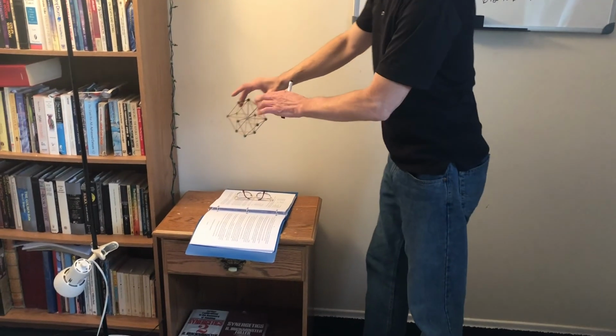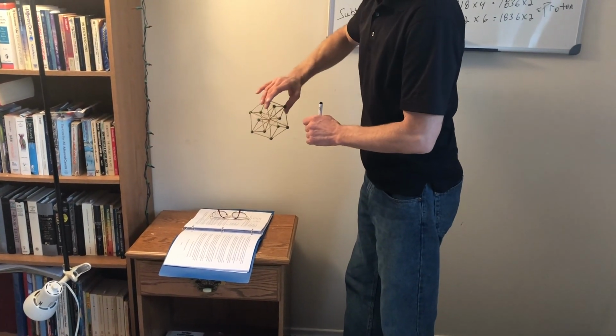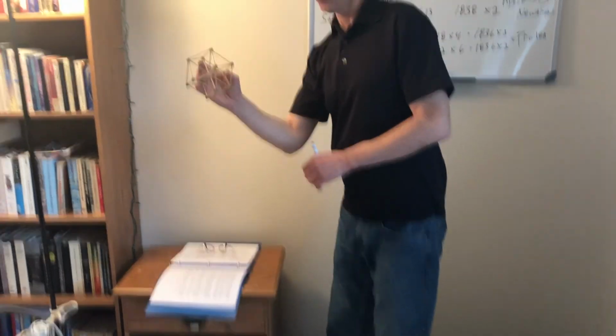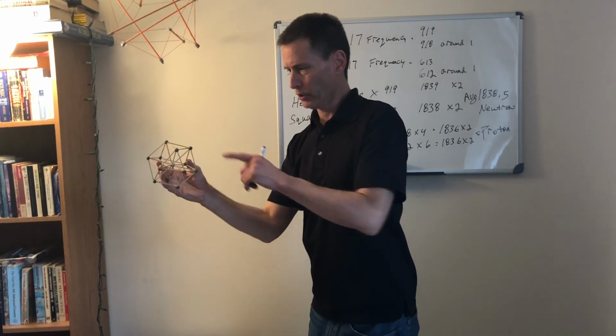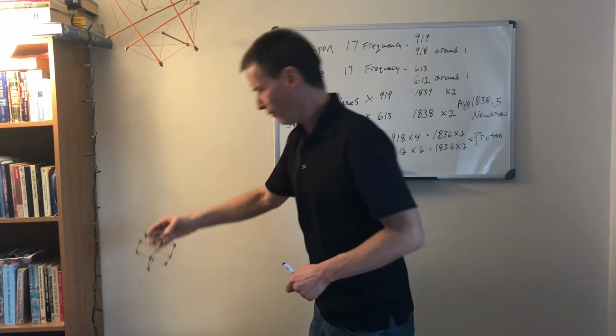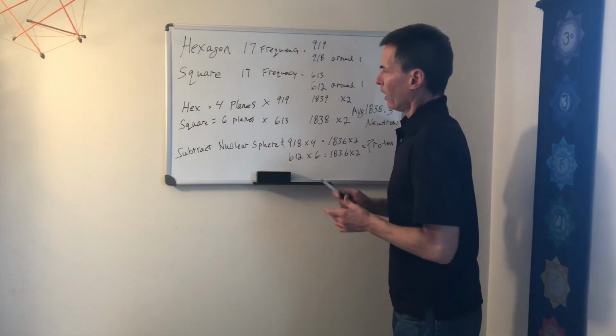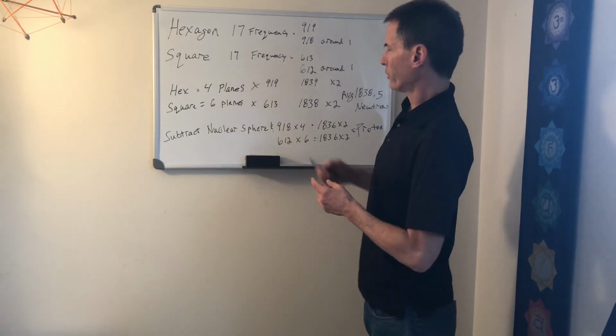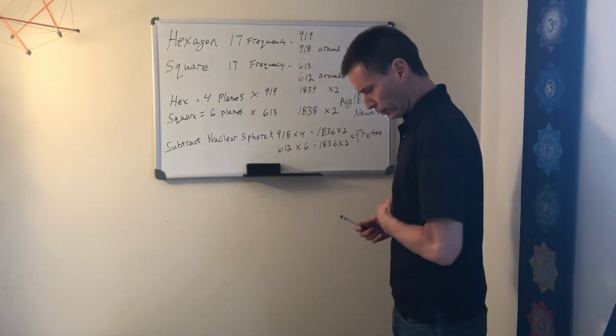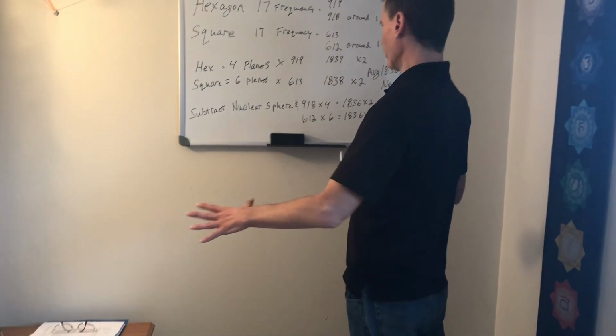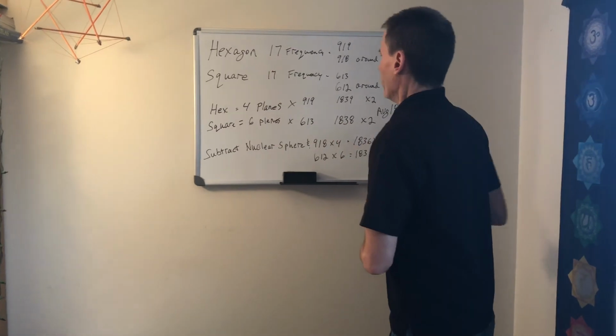You've got 6 square planes to the vector equilibrium, and you've got 4 hexagonal planes. See the hexagon inside? 4 hexagonal planes inside. So hexagons come in sets of 4 and squares come in sets of 6. Within the vector equilibrium structure.